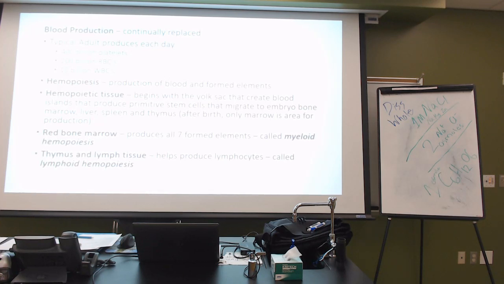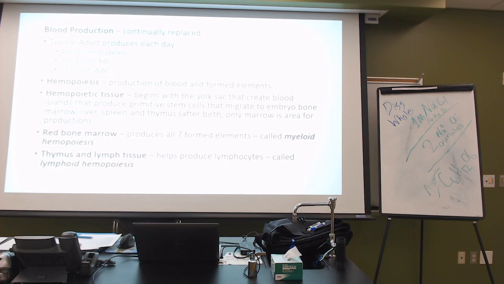So, when we say that we get the production of blood and formed elements, red blood cells, white blood cells, platelets, it's termed hemopoiesis. I know. Somebody invented that in the lab that day.